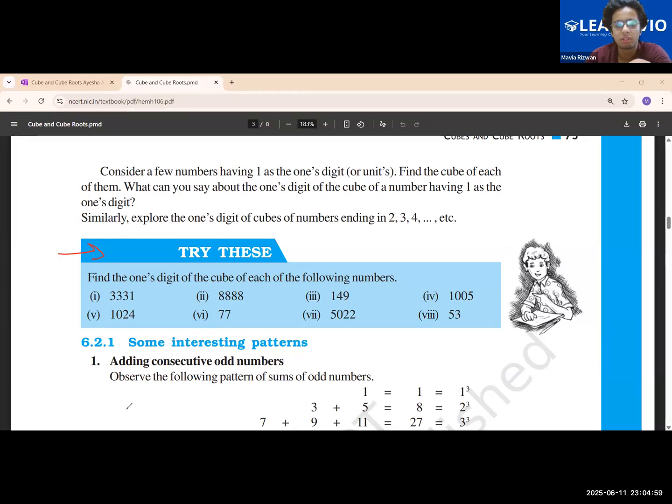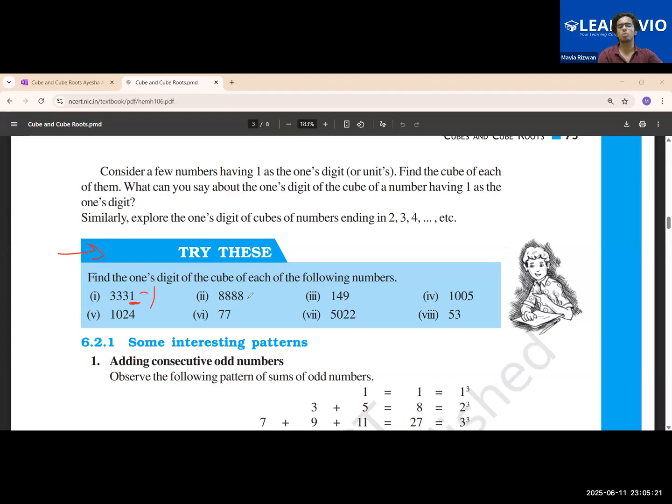Sir, I'm a little confused. For the digit, do I have to find the cube root of 8, which is 2? No, no, no. See, Aisha, just see the unit digit. If the number's unit digit is one, the cube of its unit digit would also be one.